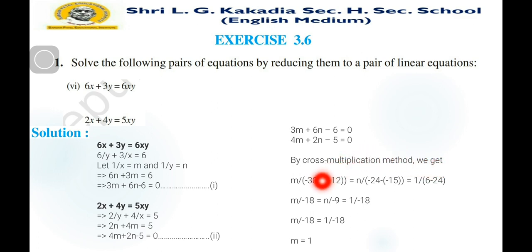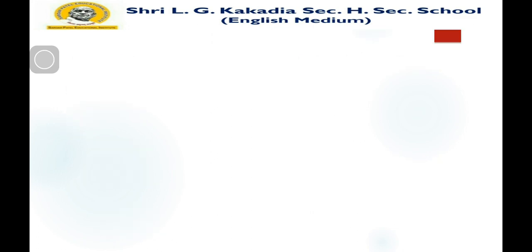At last we get the value of m by comparing the constant ratio and the ratio of m, and after that for the value of n, the ratio of n and the constant ratio, we can find the values of m and n.